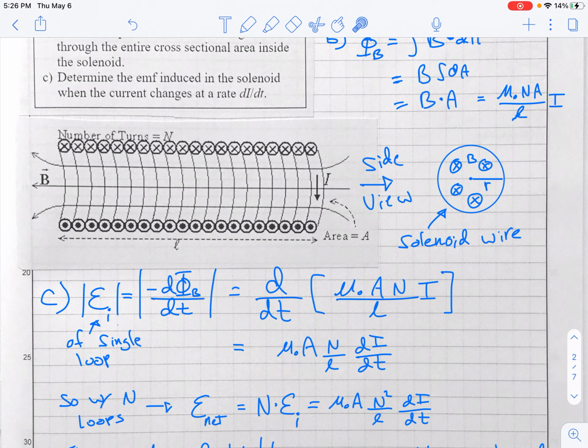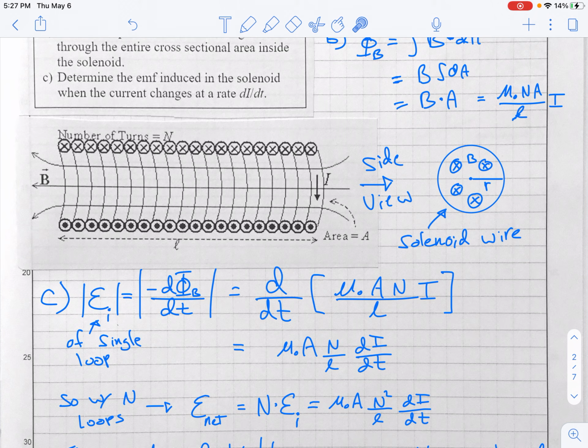And since current is V over R, when you have more volts across the resistor, you're going to have more current. But when you start putting voltage across the solenoid, you have less voltage across the resistor, and that will affect the current.